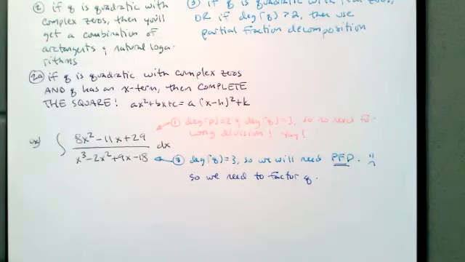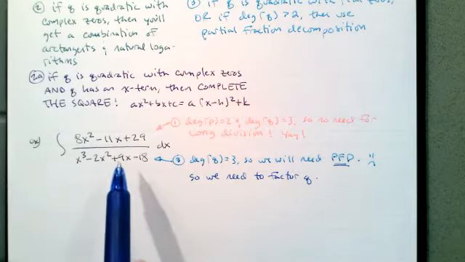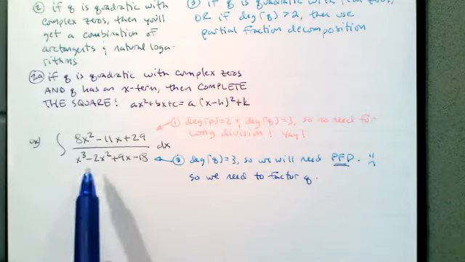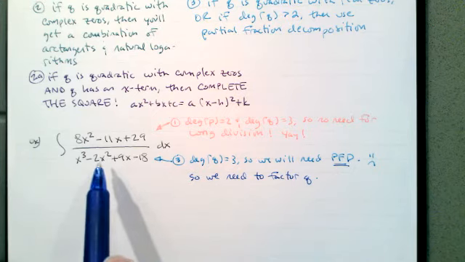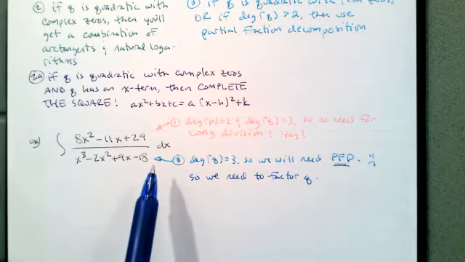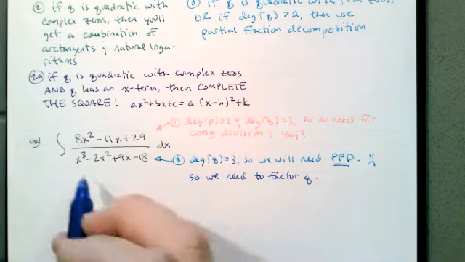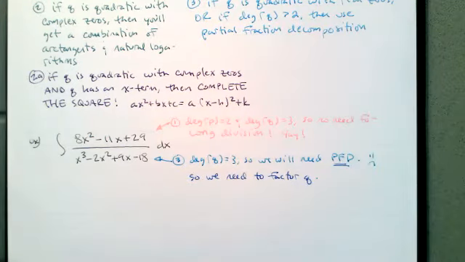So fortunately for our heroes, if you look at the 4 terms, I've got an x cubed minus 2x squared, then I've got a 9x minus 18. So I have an x minus 2 as a common factor. I picked this one because I can easily factor it. So note that the denominator is factorable by grouping.